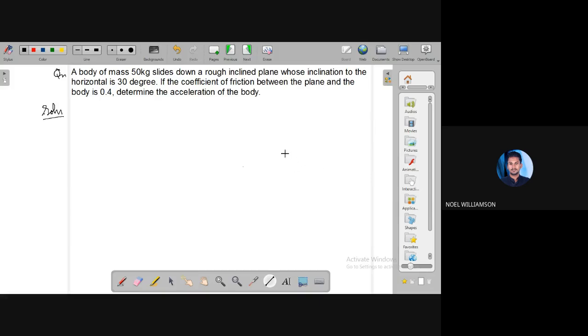So the inclined plane, inclination with the horizontal is 30 degree. So this is the plane over which the object is placed.